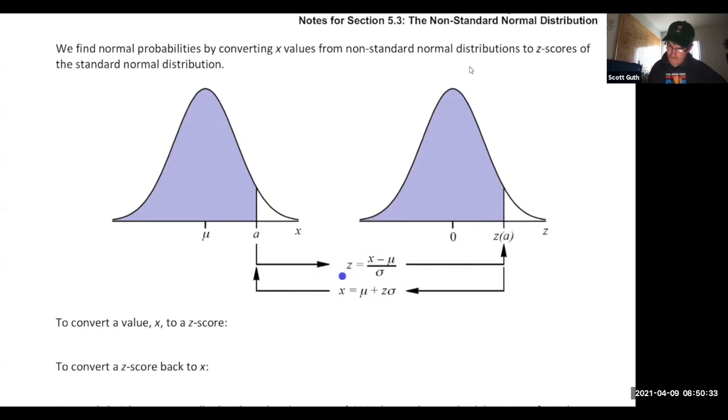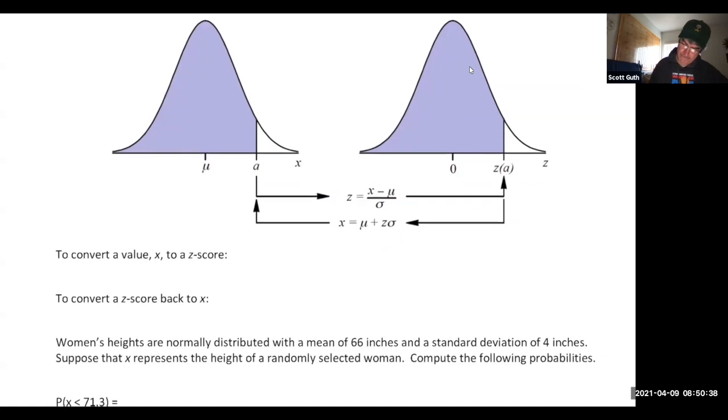To convert value x to a z-score, z is x minus mu over sigma. A little algebra: multiply both sides by sigma and you get z sigma is x minus mu.